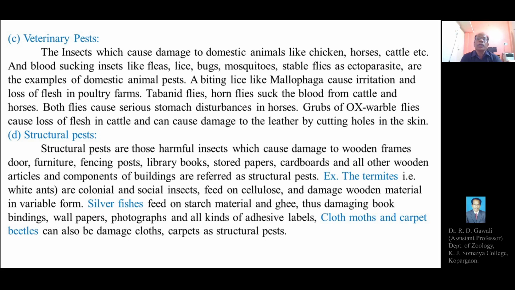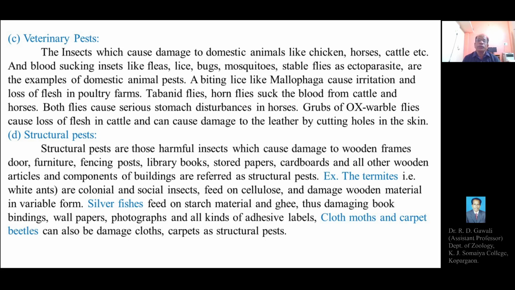Then structural pest. Next type of pest, that is structural pest. Structural pests are those harmful insects which cause damage to the wooden frames, doors, furniture, fencing posts, library books, stored papers, cardboards, and all other wooden articles and the components of the buildings.